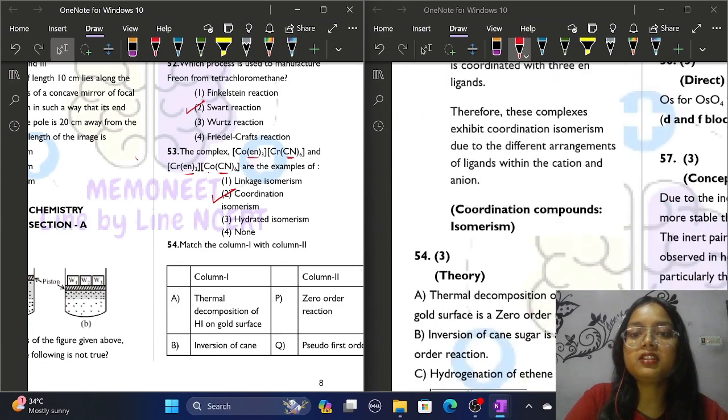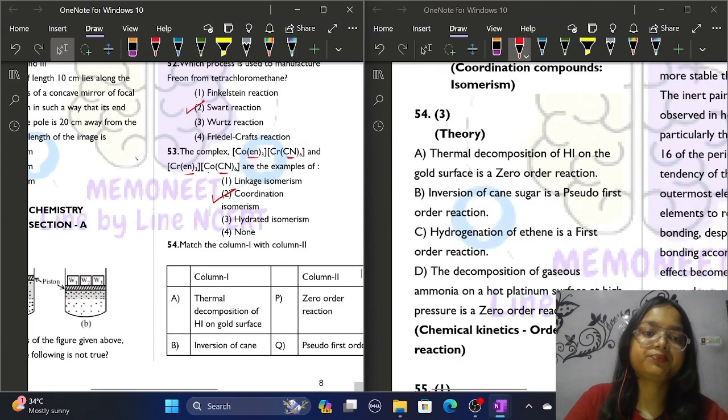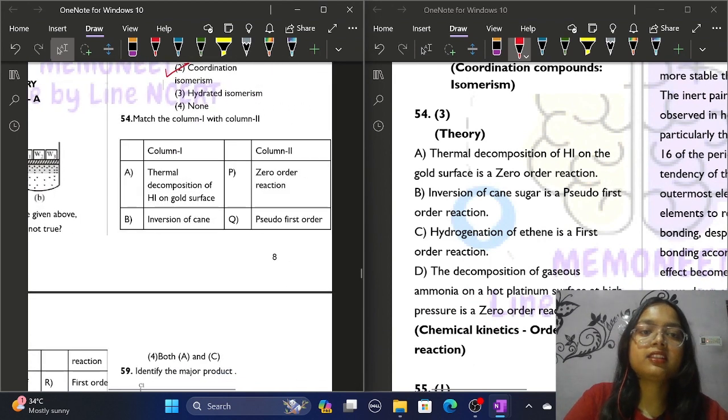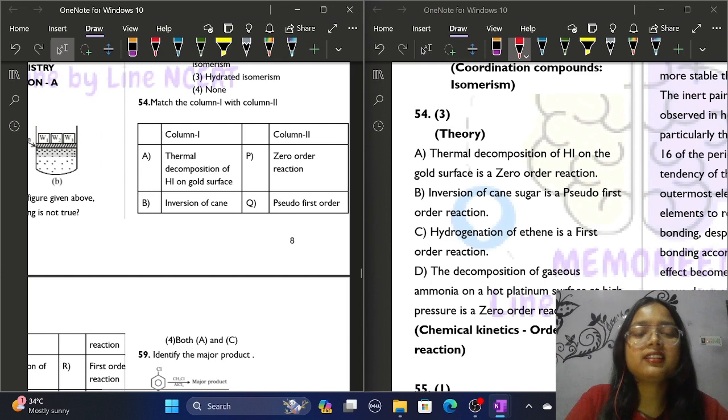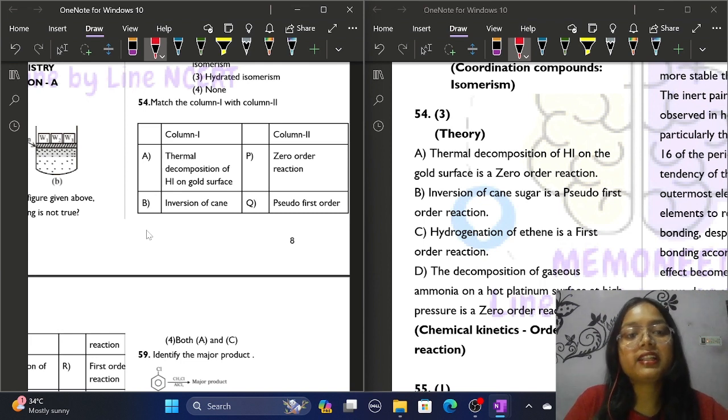For question number 54, match column 1 with column 2. This is a direct theory-based question. You only have to remember the examples. So let's see: the thermal decomposition of HI on gold surface is a type of zero order reaction.